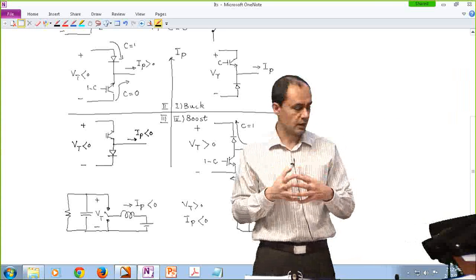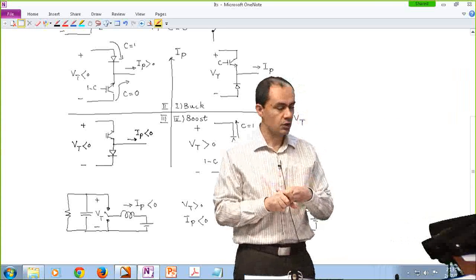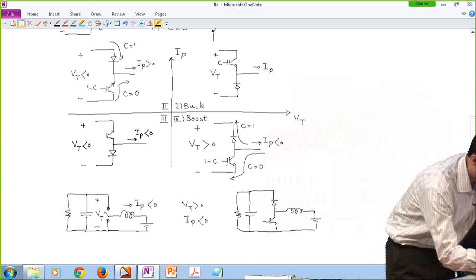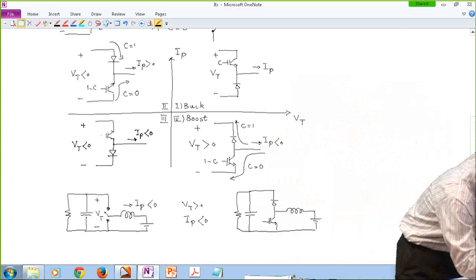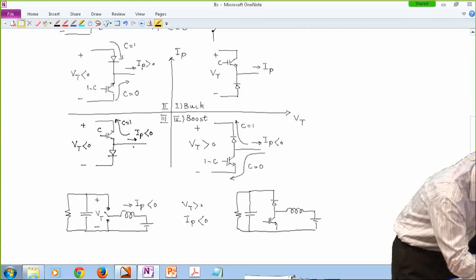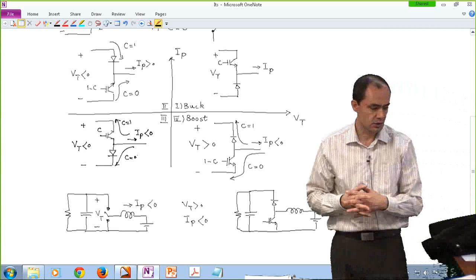We can still assume that if one of these components is on, the other one can block the voltage, which is a negative voltage. And if C equals 1, the current is going to flow in this direction. And if C is 0, or off, the transistor is off. Therefore, the current is going to force this diode to turn on and flow in basically this direction.